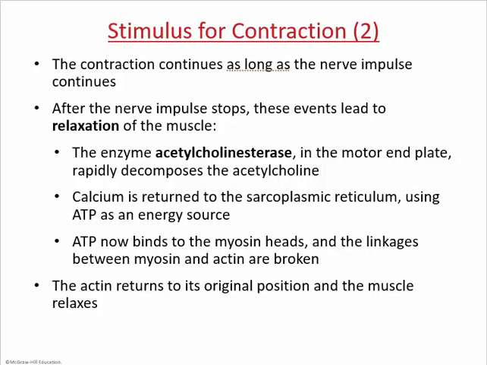When the cell repolarizes, the calcium channels close. Calcium is pumped back into the sarcoplasmic reticulum. It leaves the troponin, which allows the tropomyosin to cover up the binding sites again. Cross-bridging stops, and the muscle relaxes.